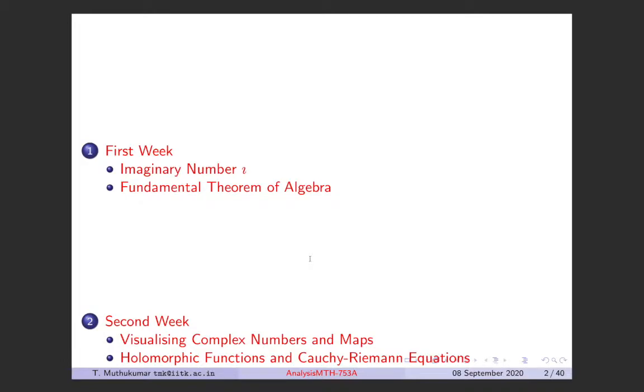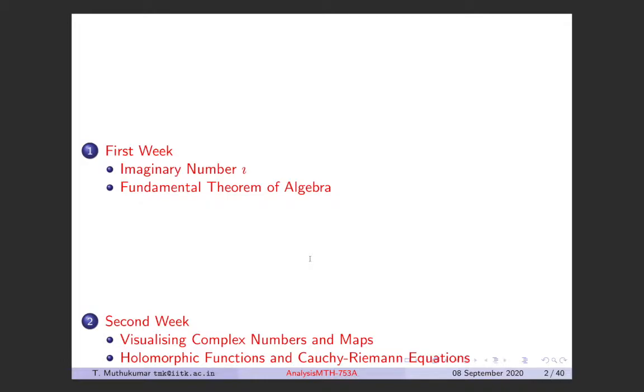We said how complex numbers were related to rotations and dilations, and how the conjugate map is a reflection along the real axis, and the 1 over z map is the reflection along the unit circle, and how to visualize these maps, which are from complex plane to complex plane, by looking at the real and imaginary part and seeing how they map straight lines and circles, and look at the maps which actually preserve the family of lines and circles, and these are a special class of conformal mappings and so on.